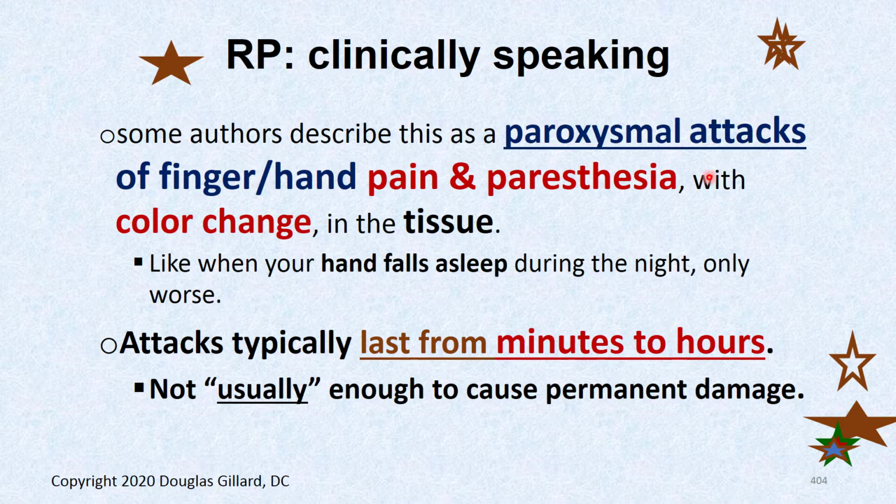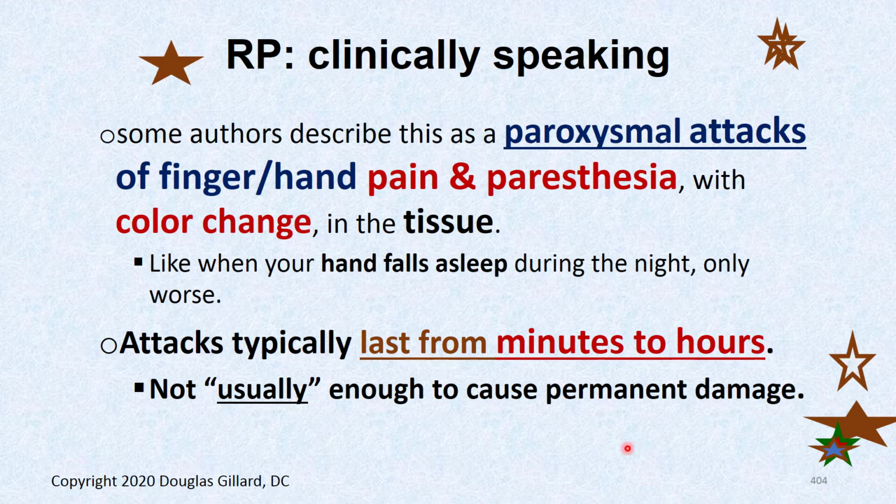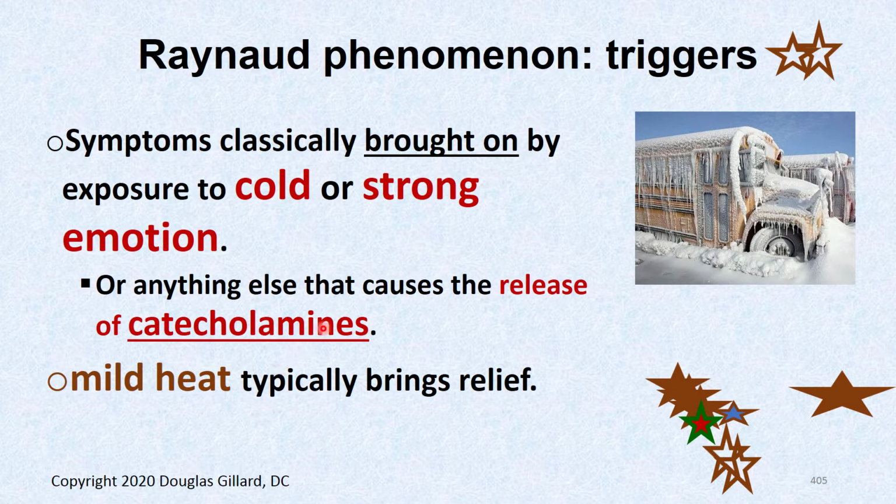Typically, these attacks can last for minutes to hours, depending on how long it stays clamped. But it usually doesn't cause any permanent damage. Usually. That's not always the case, though. In people with severe chronic Raynaud's, it can damage vessels if it happens a lot, but that's rare. Usually it's no big deal.